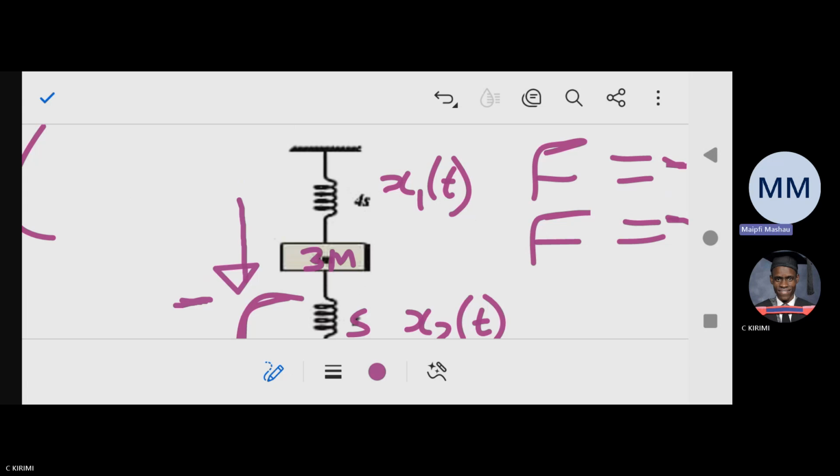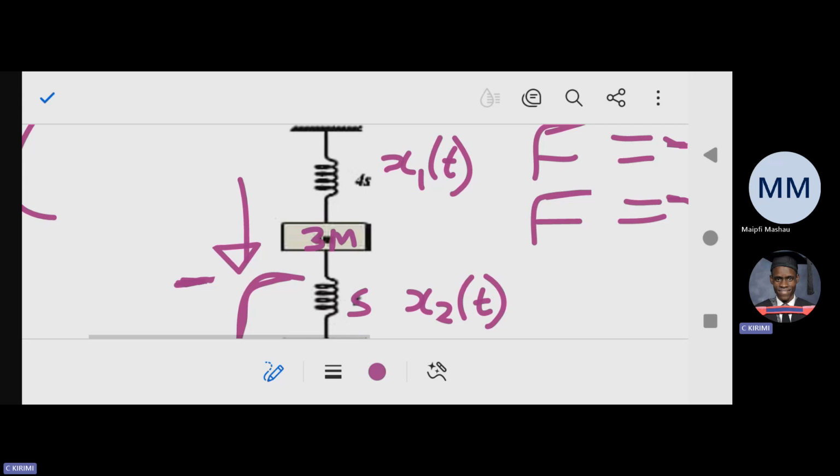In the negative direction. Then the restoring force, before it starts to oscillate, the spring will try to restore this block from its original point, which means that's why it's in the negative direction. That's why we are saying these forces are the same, but in opposite directions. That is the only difference.